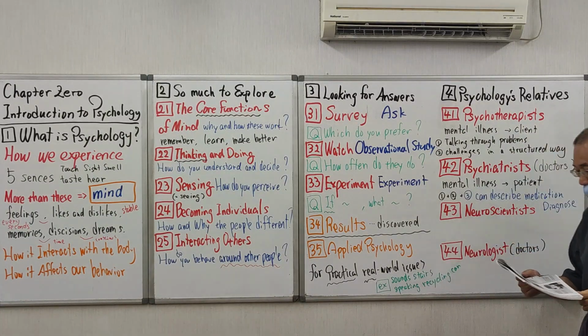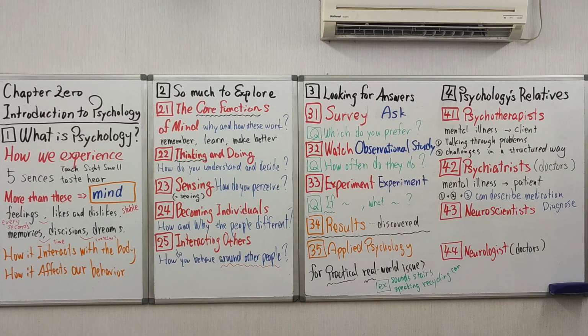Now, 43 and 44, you can see the last one. The big difference is between neuroscientist and neurologist. A neuroscientist is a scientist who studies the brain and the nervous system.